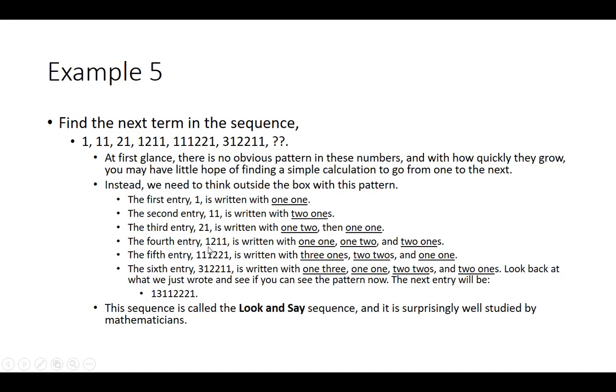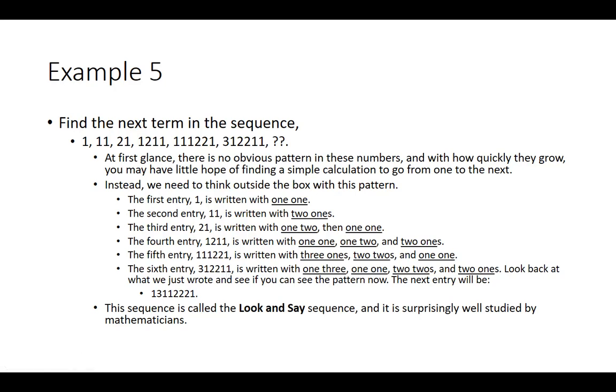And it's written with 1, 1, 1, 2, and 2 ones. 1, 1, 1, 2, 2, 1. That's the next number. And it's written with 3 ones, 2 twos, and 1, 1. 3, 1, 2, 2, 1, 1. That's the next number.